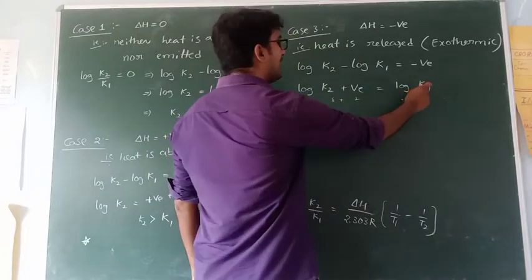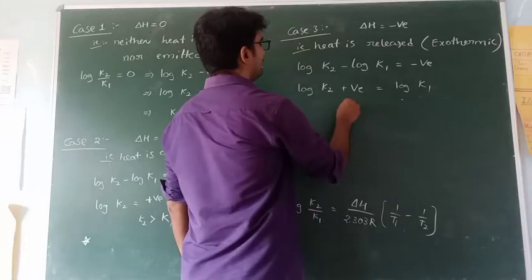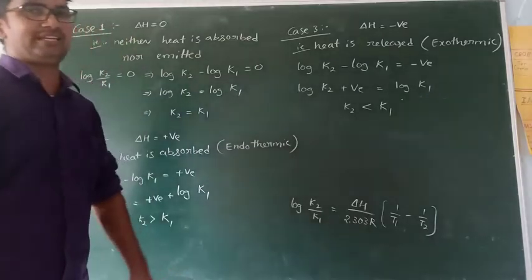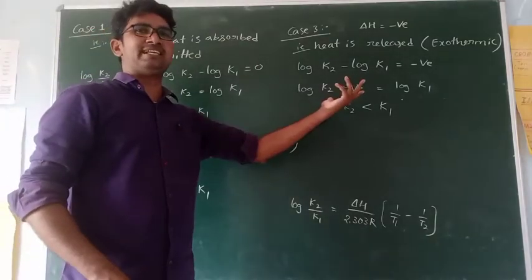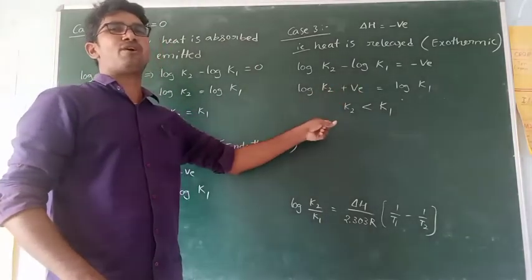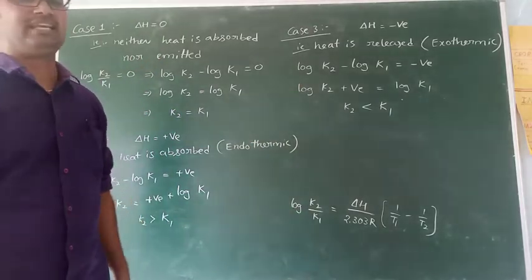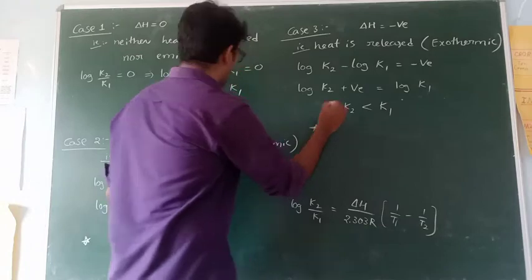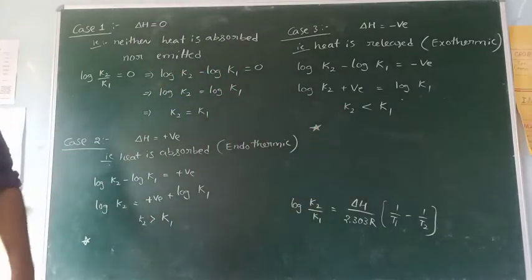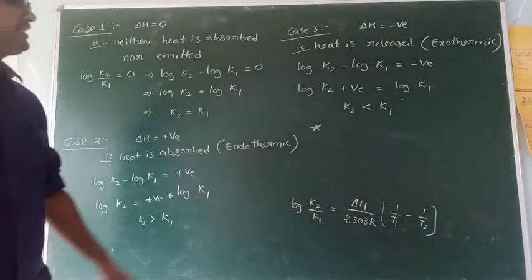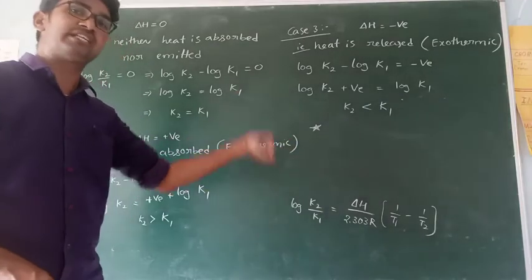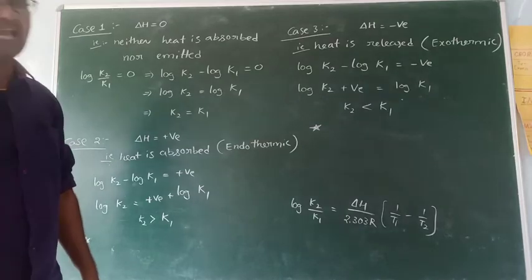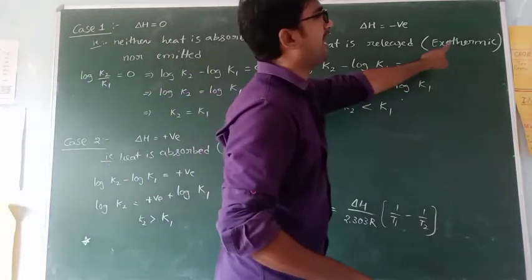So here the K1 value is higher. Very interesting: as the temperature increases, the equilibrium constant value decreases. So the equilibrium constant is lower at higher temperature in case of exothermic reaction.